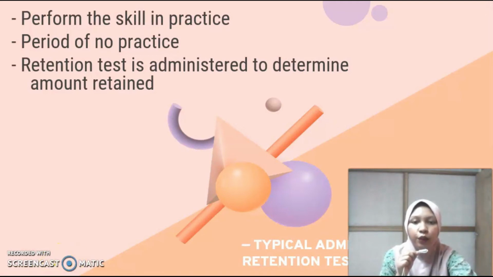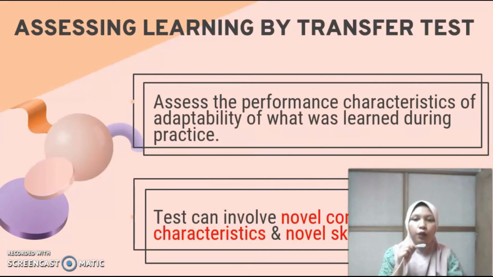So next we continue with assessing learning by transfer test. Transfer test is used to assess the performance characteristic of adaptability of what was learned during practice, which we use to measure adaptability. In simple words, we use this test to test performance in different environments, variations of the skill, and related skills.